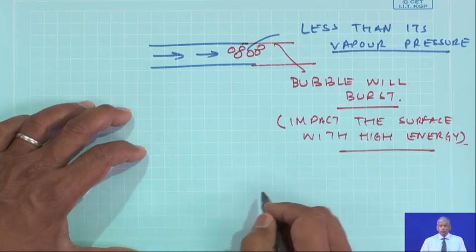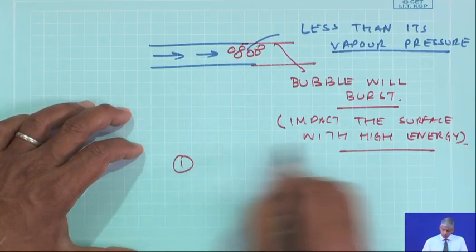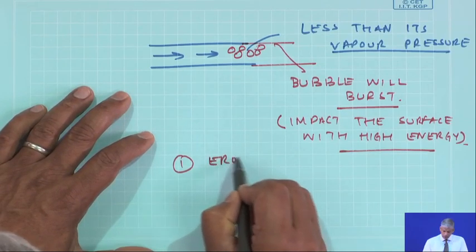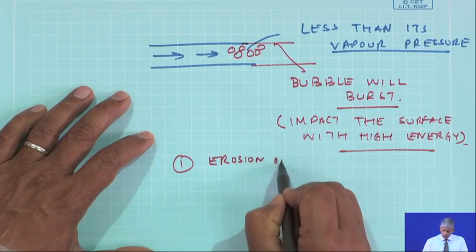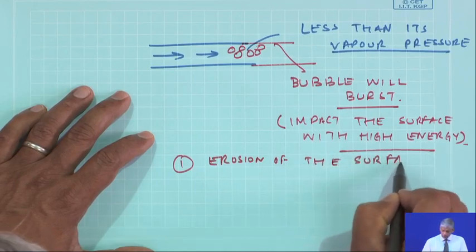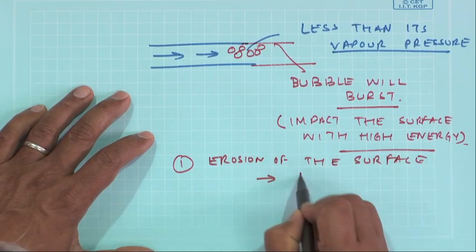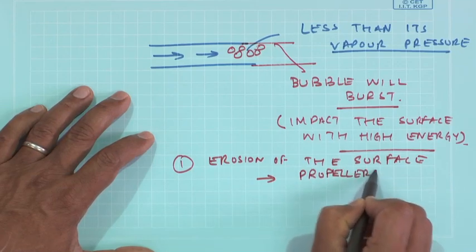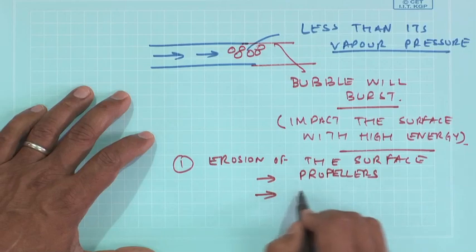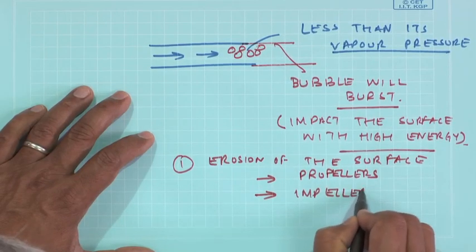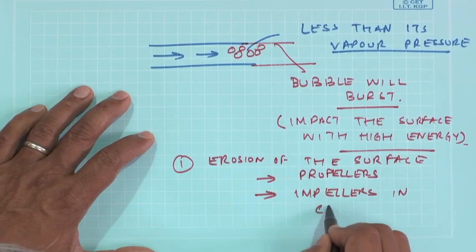Okay. So, what happens? They will create erosion of the surface, that is the net effect, and this is detrimental in propellers, in ships, even in impellers in centrifugal pumps.